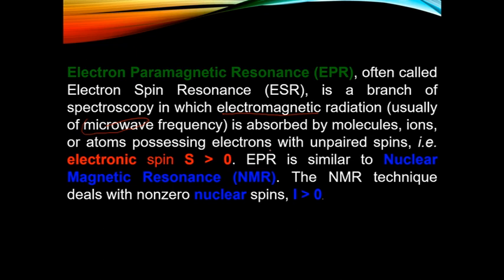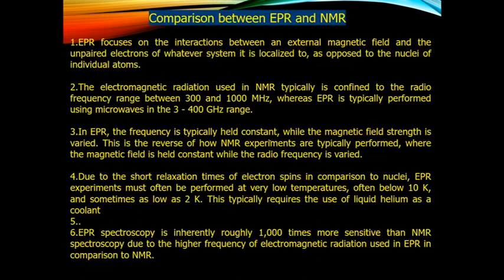And let us see the selection rule also here in this presentation. While the NMR technique deals with the non-zero nuclear spin, the ESR deals with the electron unpaired spin. So here is a comparison. EPR focuses on interactions between an external magnetic field and unpaired electrons. This is important here, whatever system it is localized to.